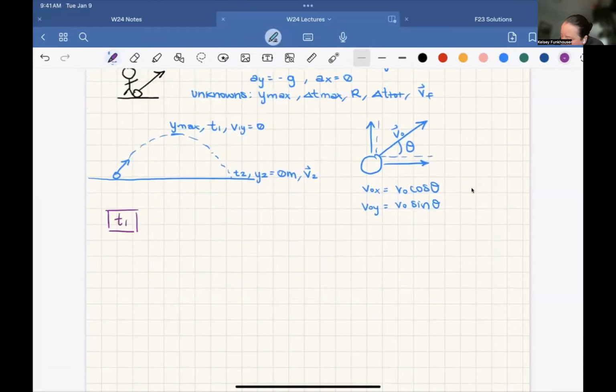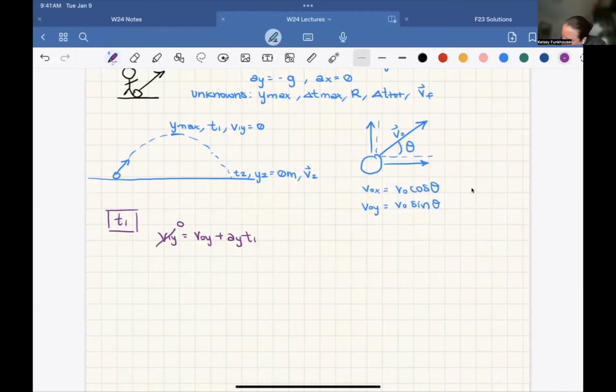And at this point, we just said that it's the maximum height, and it is when the velocity is 0 at that point. We don't know what the maximum height is, so that doesn't really help us right now. But the velocity being 0 does help us because we can use this equation. V1y equals V naught y plus ay T1. And this is 0.